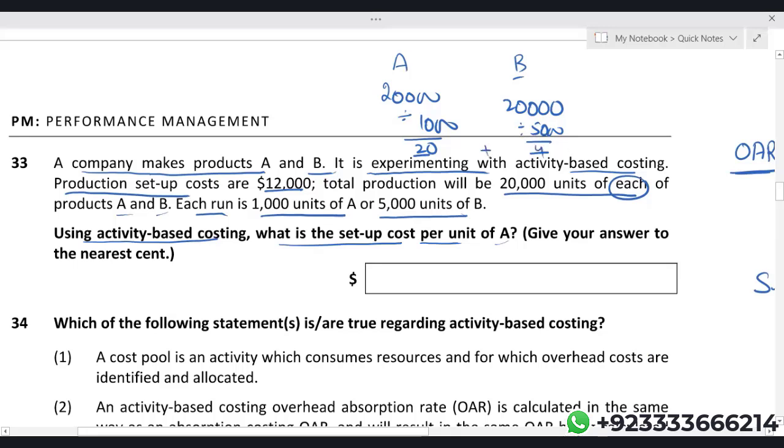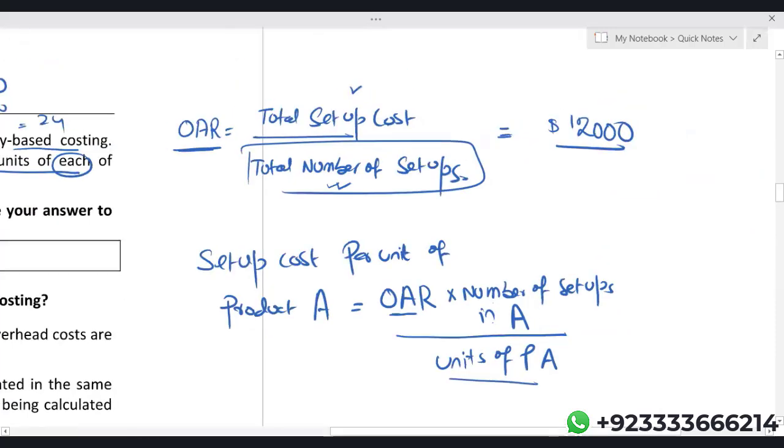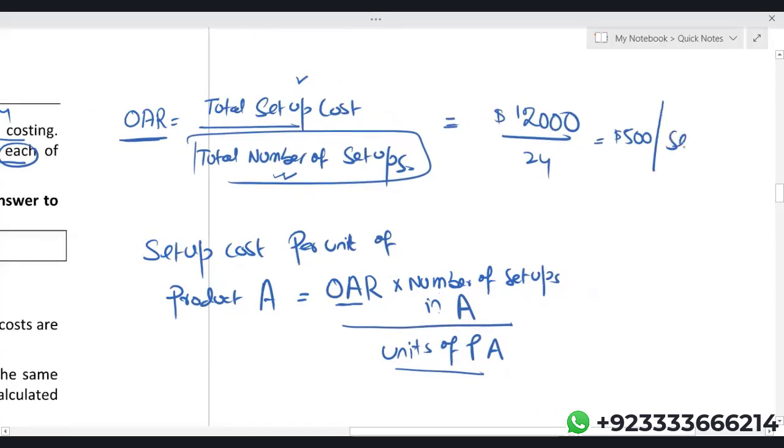So the total number of setups is 24. Total setup cost is $12,000, and total setups are 24, so we can calculate the per setup cost. $12,000 divided by 24 gives us $500 per setup.